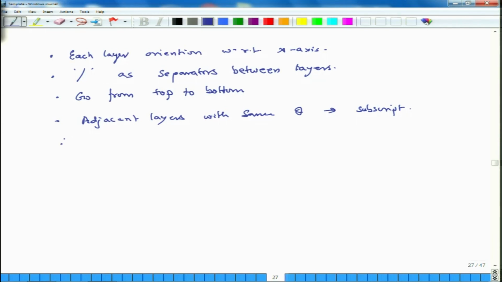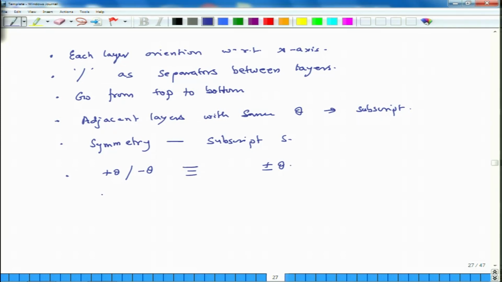If the laminate is symmetric about the mid plane, then we use a subscript S, and we can also use plus theta, minus theta. This can also be written as plus minus theta.